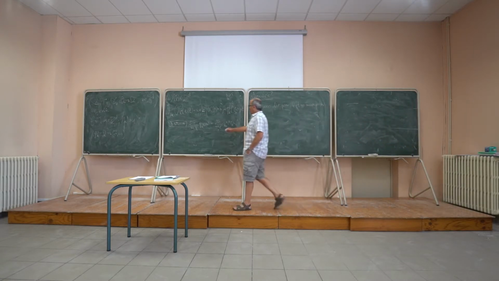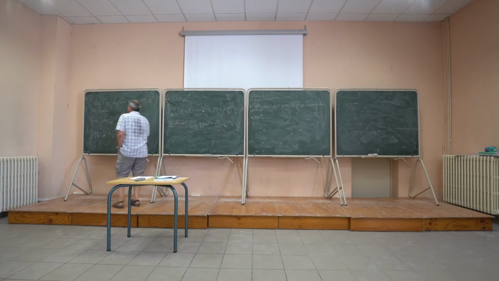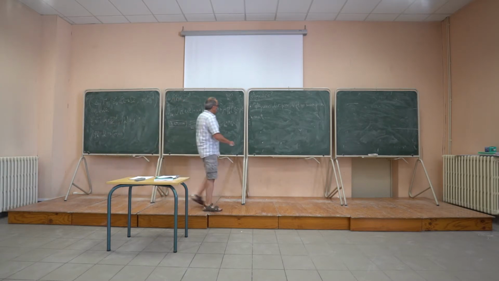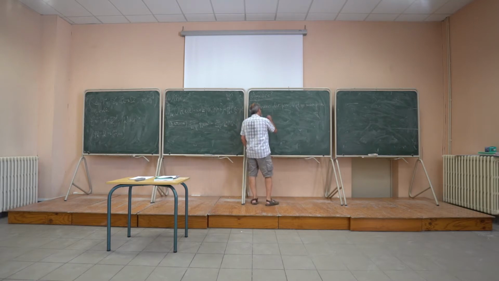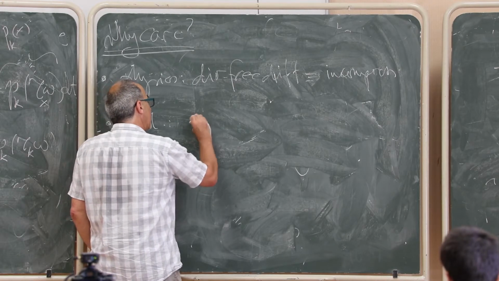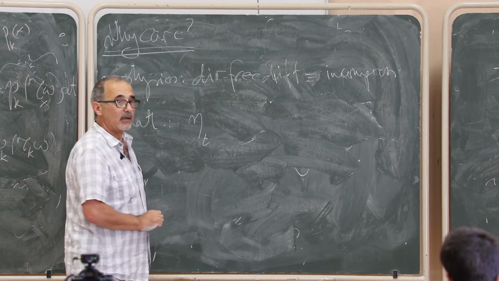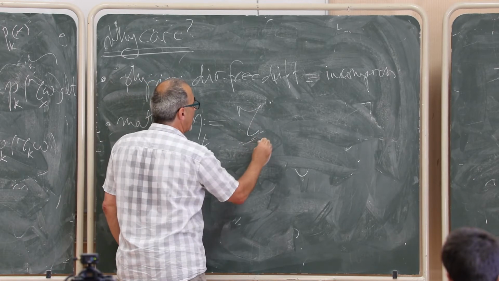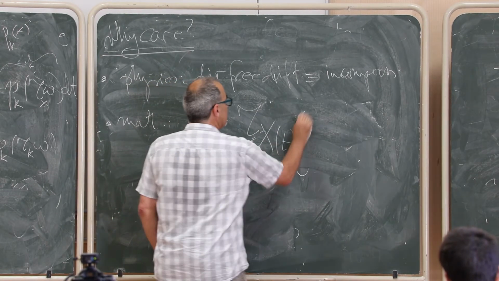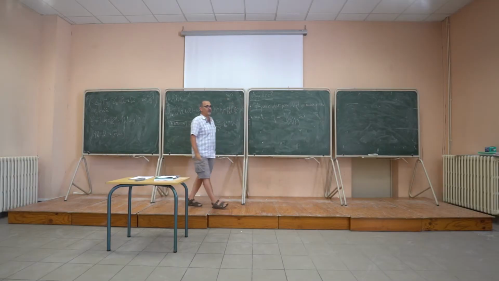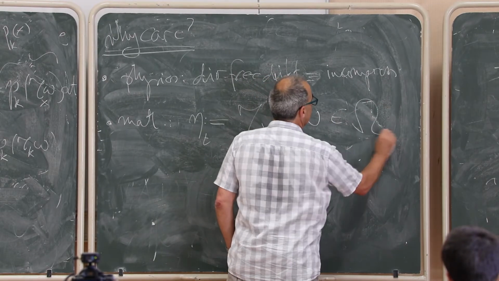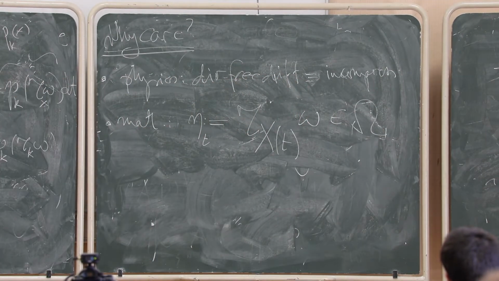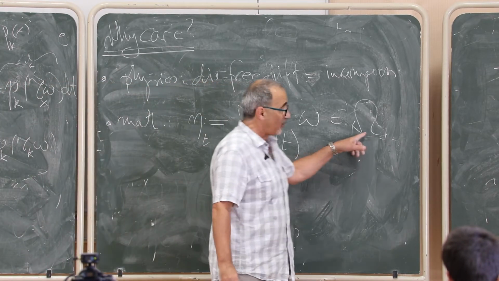If you have a general random walk in random environment, maybe I run a bit ahead, the process I will look at will be eta t defined as tau xt omega. So this is the environment as seen from the random walker. Right? And you easily convince yourself, this is a Markov process.